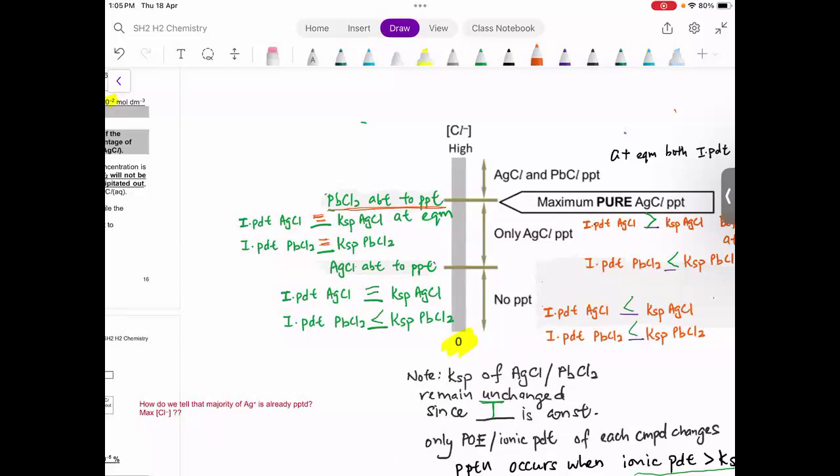Do I want to go beyond this point? No, because once I add in another bit of sodium chloride, what will happen? My ionic product of lead chloride will exceed Ksp. Then my lead chloride will start to precipitate as well. So at this moment, I can no longer add sodium chloride. I should stop. From here onwards, stop adding.